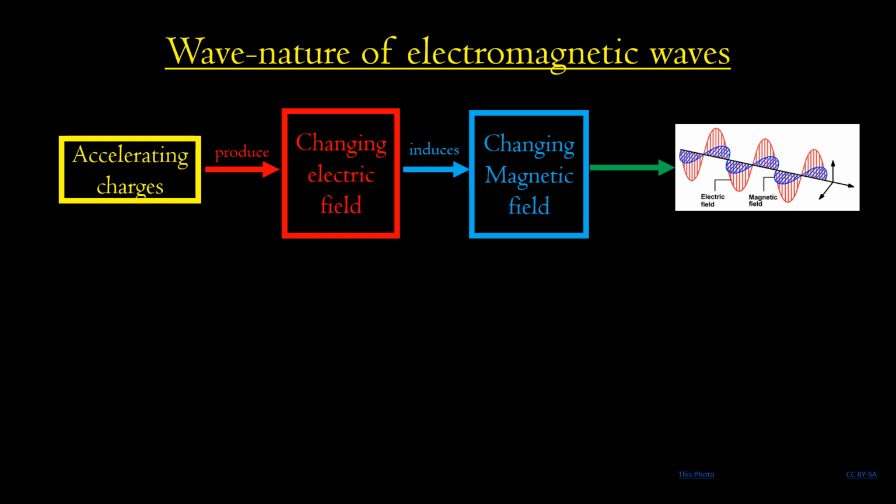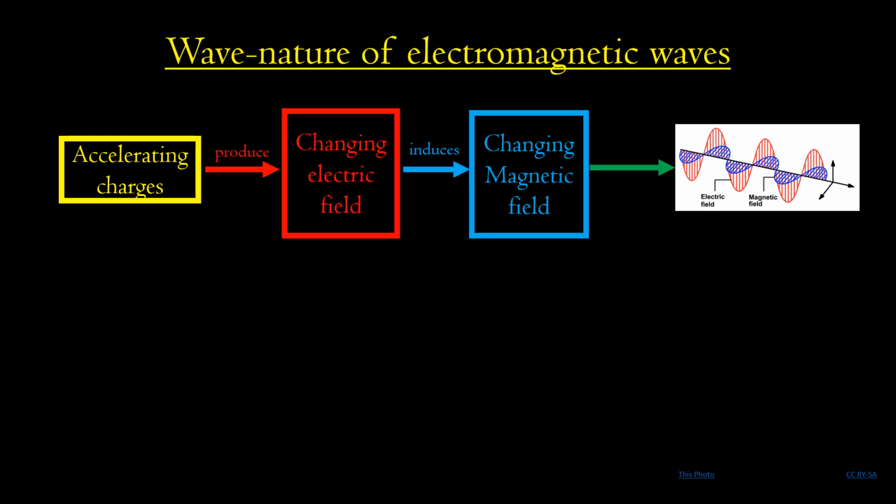This means that an electromagnetic wave propagates when an electric field changing in one plane produces a magnetic field changing in a plane at right angles to that of the electric field, which then also produces a changing electric field, and so on.